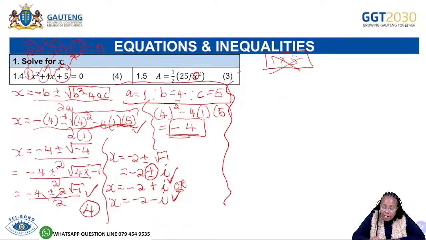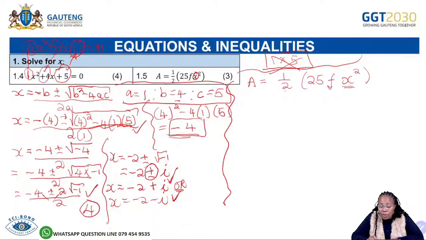Okay, let's start now. We are having our formula A is equal to half 25f with x squared in the close bracket. We are targeting this one, so you need to get rid of everything here. Okay, let's start with the half now. If we multiply by 2 both sides, then 2 will cancel 2.